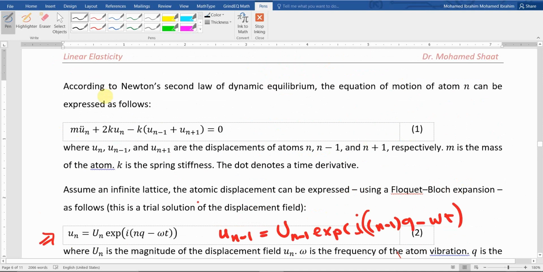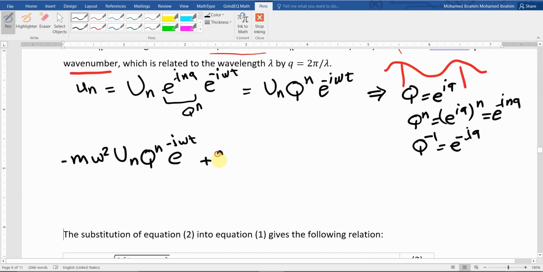This is going to be the first term, where I've plugged in the un here. Then plus 2k un is going to be the same, so it's plus 2k u uppercase N q to the n e to the negative i omega t.